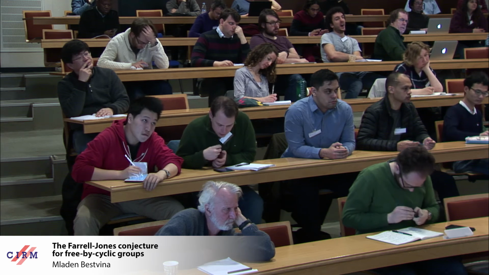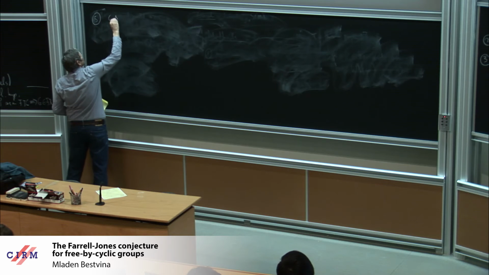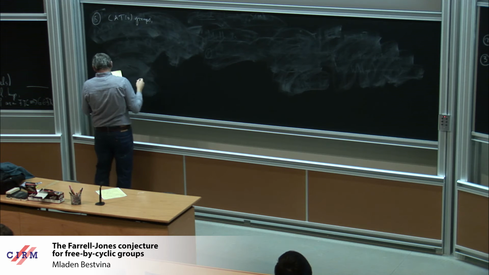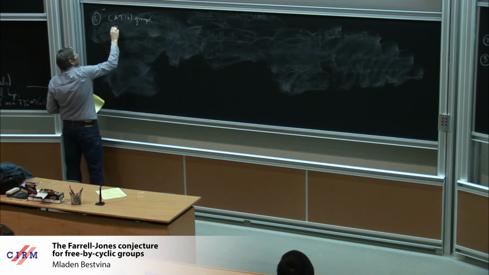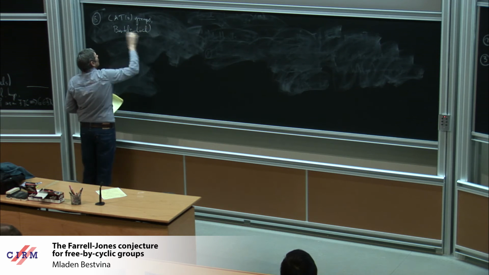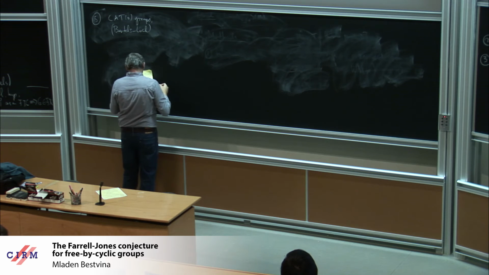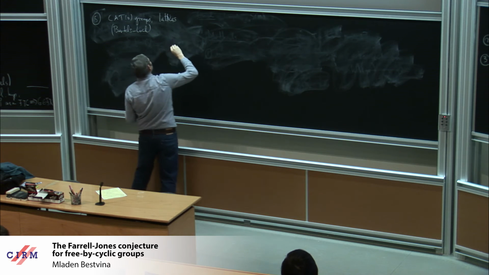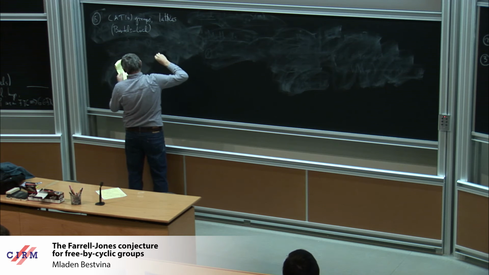Okay, so this is fact number 5. CAT(0) groups. This was Bartels and Lück. And then also lattices. And any lattices you like. So these are lattices in virtually connected Lie groups.